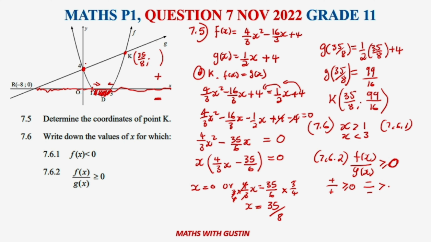I have heard some people saying it's where somebody explained it like this. They said it's where the graph of f of x is on top of g. I think that also works. You can analyze it like that, where f of x is on top of g. So let's come here and have a look.